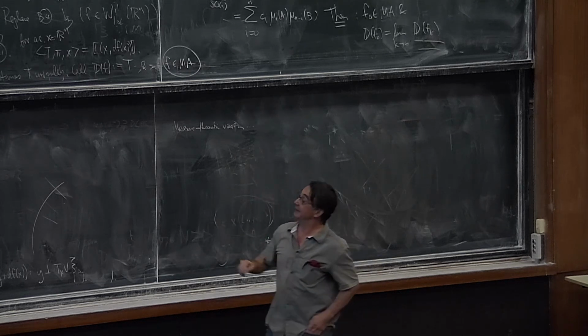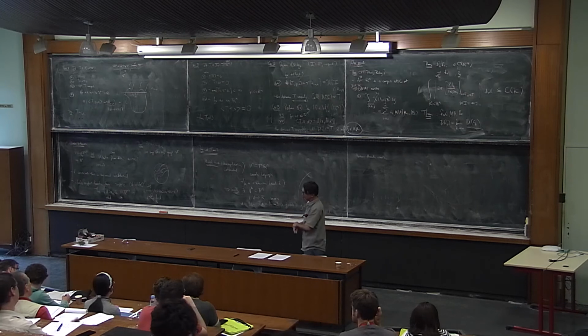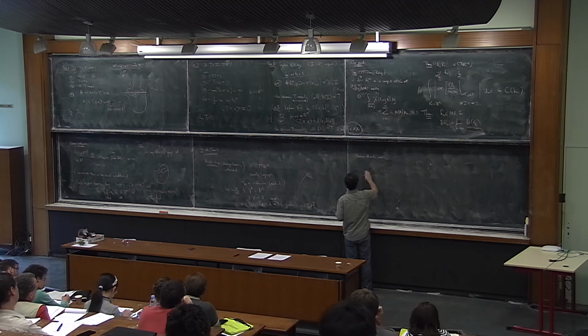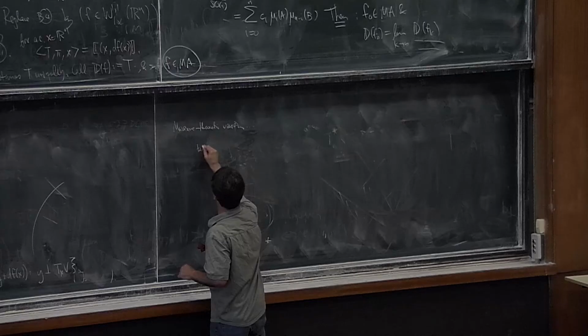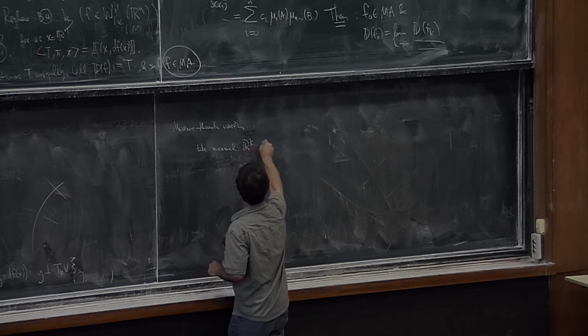What I know is that if I slice by the projection into Rn, then I always get 0 here. So what I want to do is take a maximal Rk inside Rn.